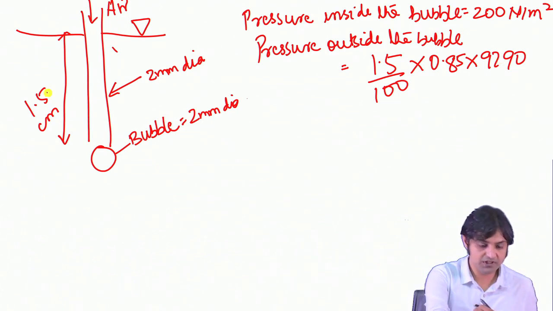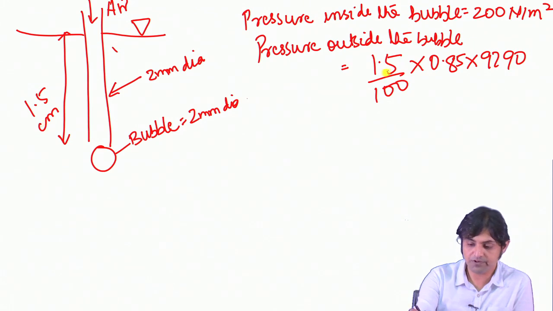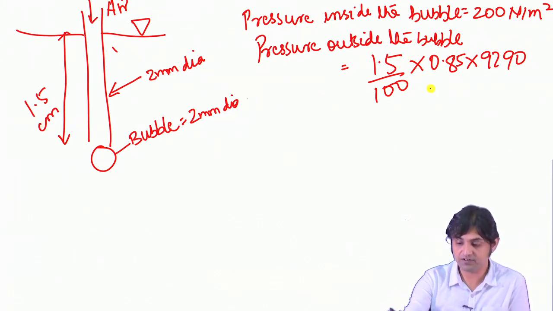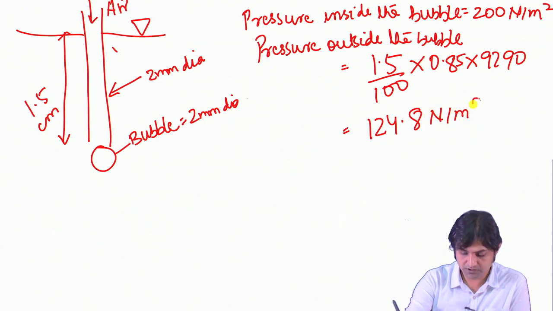You see this length 1.5 centimeter here, so 1.5 divided by 100, and 0.85 is the specific gravity, and 9790 is the specific weight. This comes out to be 124.8 Newton per meter square.